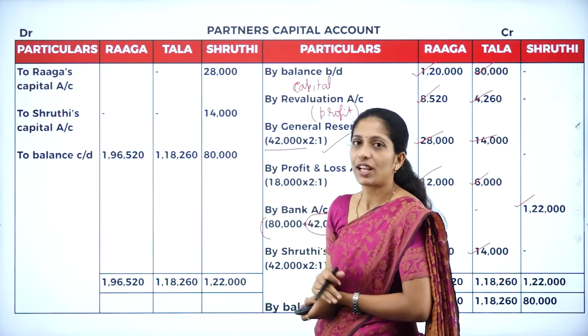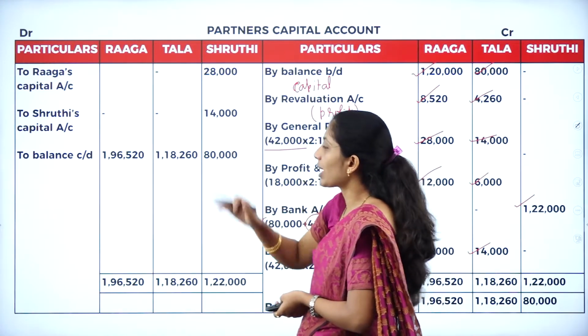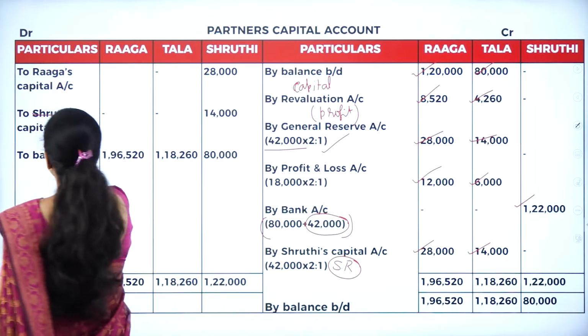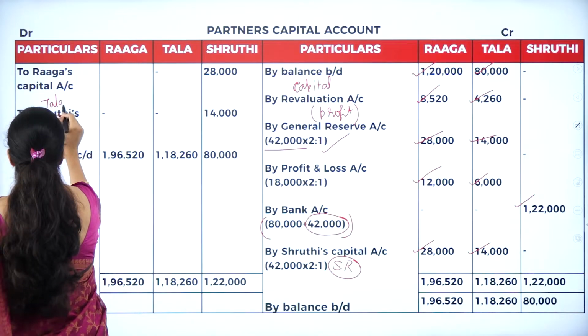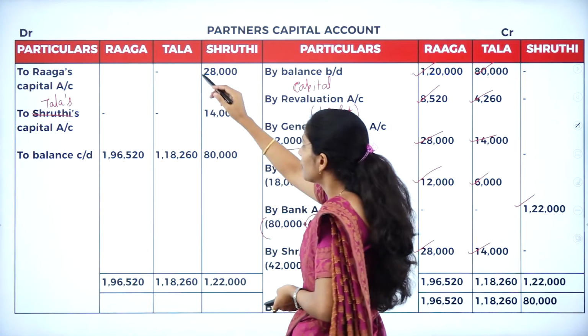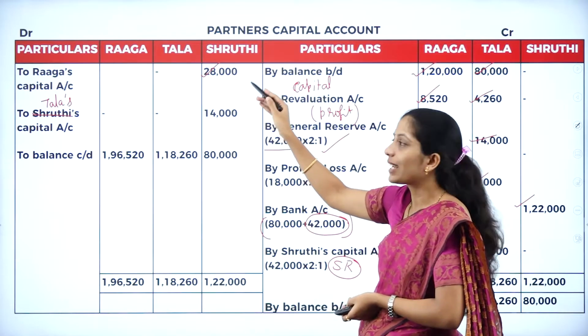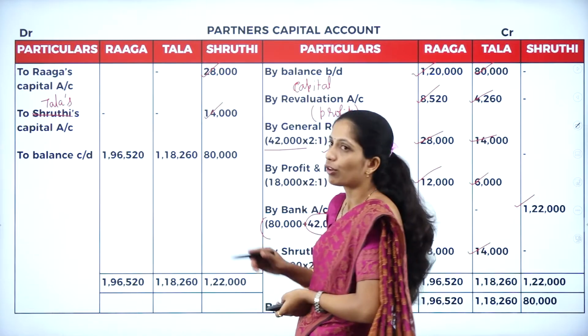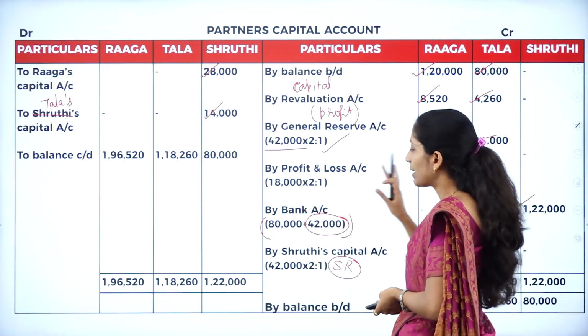And the next part of the entry is the same, that is, to Raga's capital account, to, this is not Shruti, this is Tala's capital account. So, these are the old partners. Now, how much amount to be given to Raga? 28,000. What is the amount to be given to Tala? 14,000. Now we are done with this.